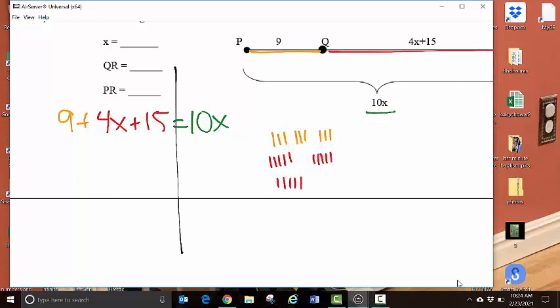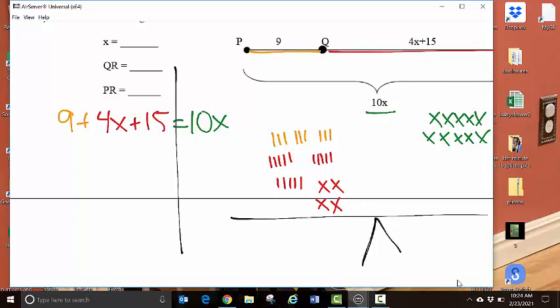And then I have 4 x's on one side and 10 x's on the other side. Okay, I can't just say then that I have 14 x's.